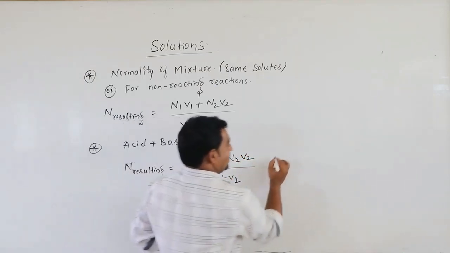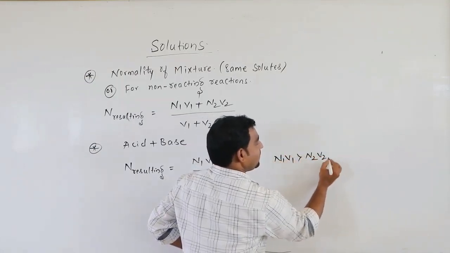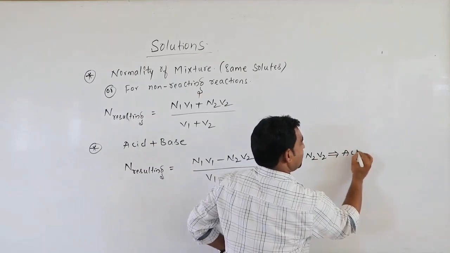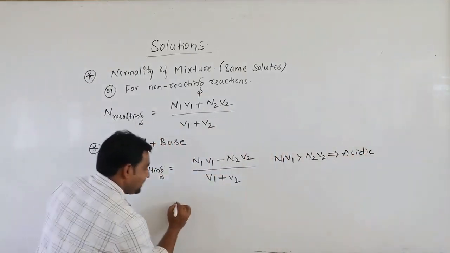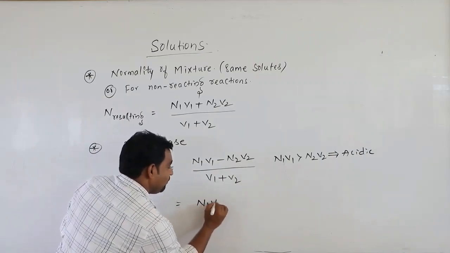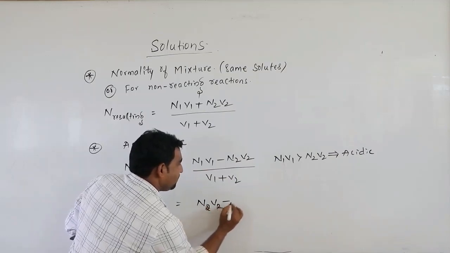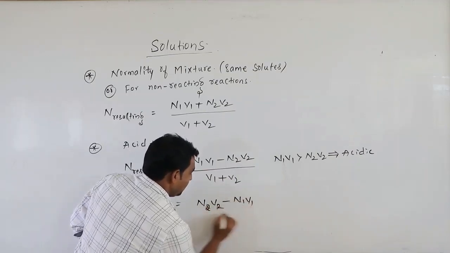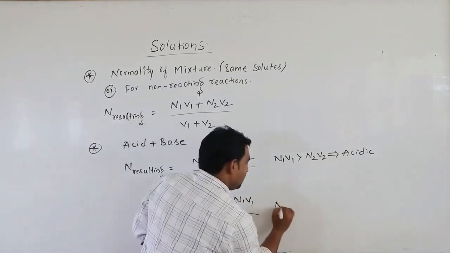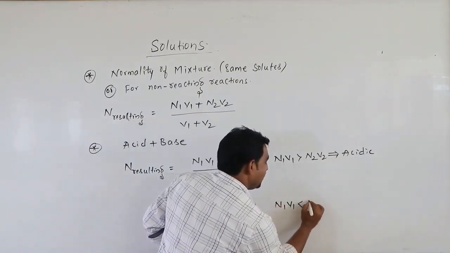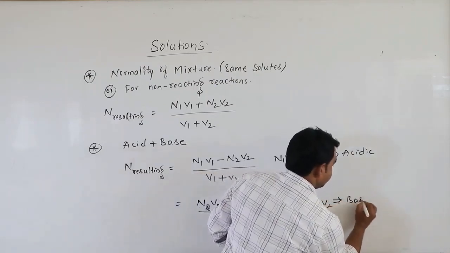Here N1 V1 is greater than N2 V2 for the acidic solutions. In case of basic, it is N2 V2 minus N1 V1 divided by V1 plus V2. Here N1 V1 is less than N2 V2 for the basic condition.